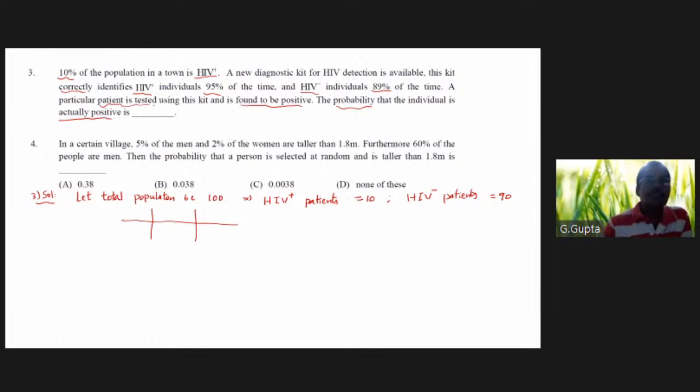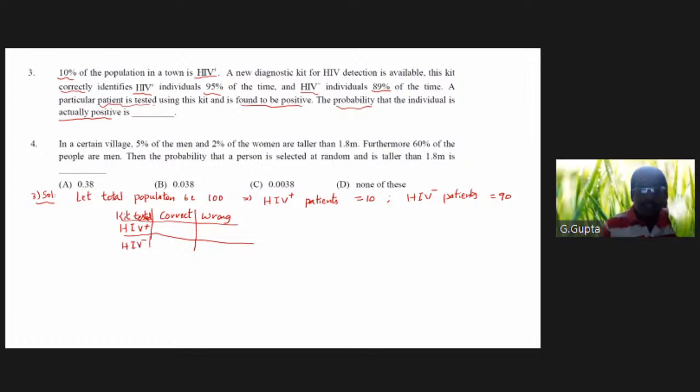So the question is related to the kit tested. Here sometimes it is correct, and for some other patients it is wrong. Recently, with corona also, in some situations the report was negative even though they had corona. Recently this happened in so many cases. Here there are two types, HIV plus and HIV minus.